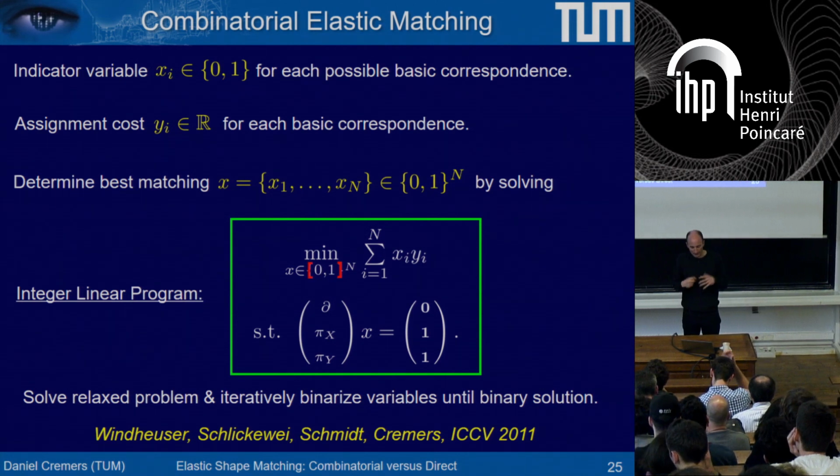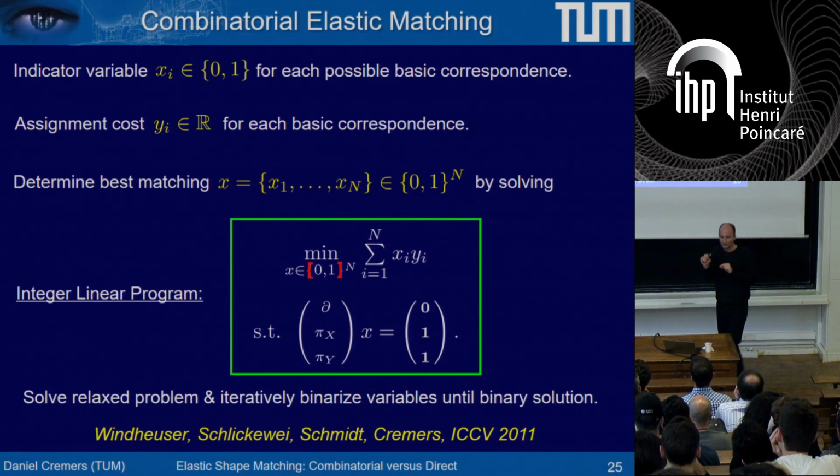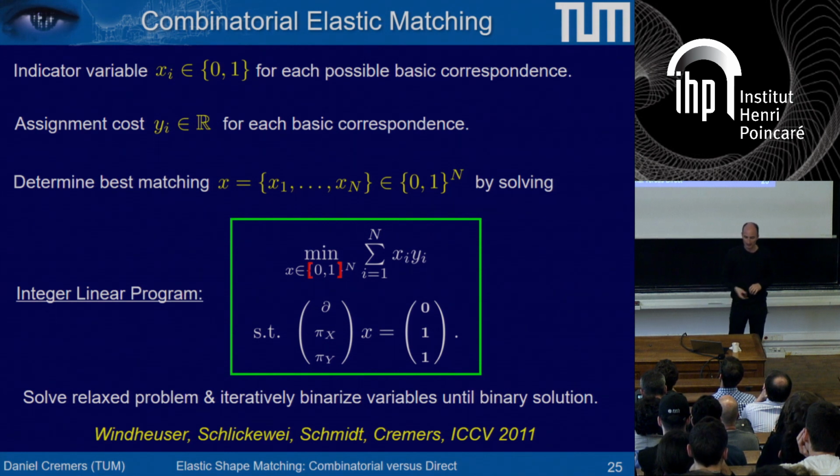solve the problem, get a real valued solution, and then look at which of these variables is most close to 1. That means which pair of triangles is most certain that they're in correspondence. Once we fix that to 1, basically it's a little bit like matching the two shapes and pinning them together at one point with a needle and saying, here I impose they should correspond, and then we can solve the residual problem again and iterate that process.